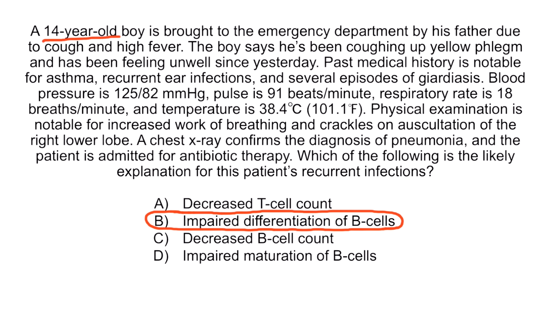This is a case of a 14-year-old boy who was admitted to the hospital with a diagnosis of pneumonia. Notably, his past medical history is notable for asthma, recurrent ear infections, and several episodes of giardiasis. Given these clinical clues, the most likely explanation for his recurrent infections is an underlying diagnosis of common variable immunodeficiency.